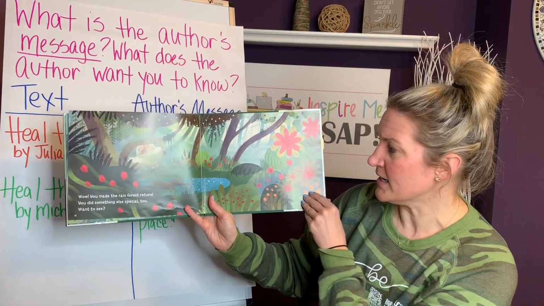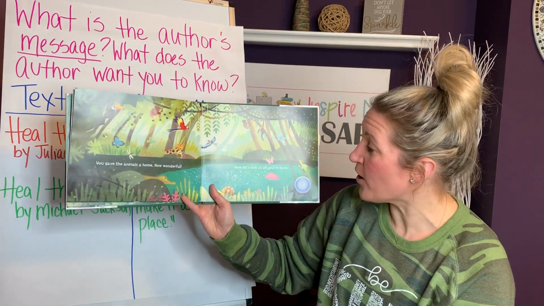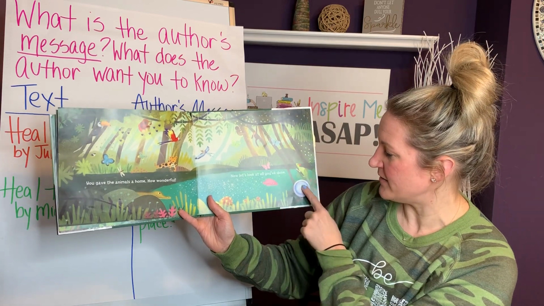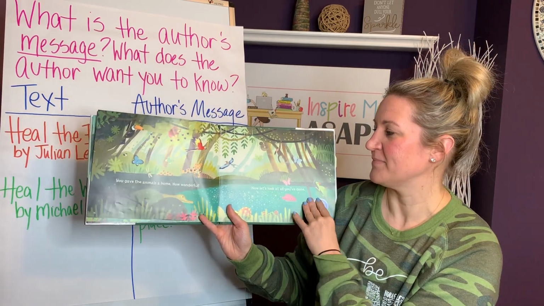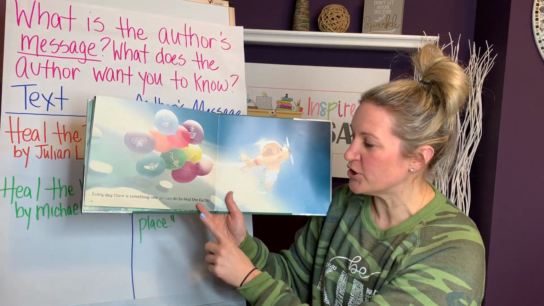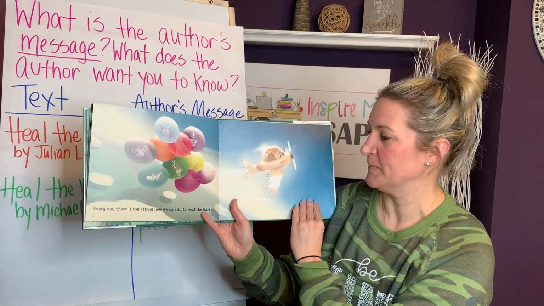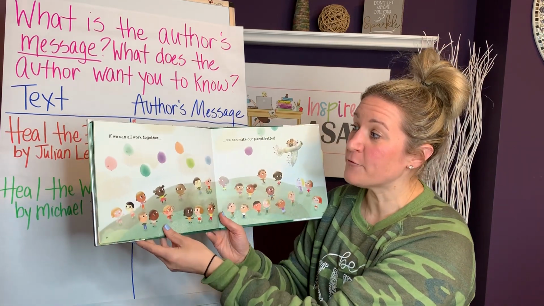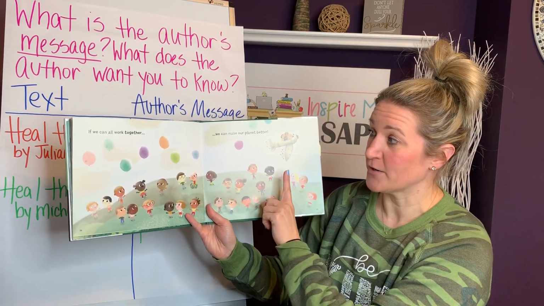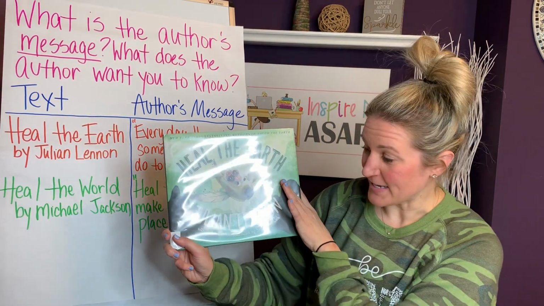Do you want to see? You gave the animals a home. How wonderful. Now, let's look at all that you've done. Every day, there is something new we can do to heal the earth. Author's message. If we all work together, we can make our planet better.